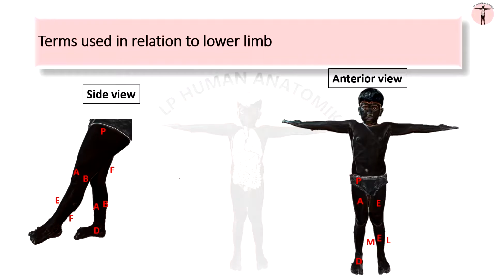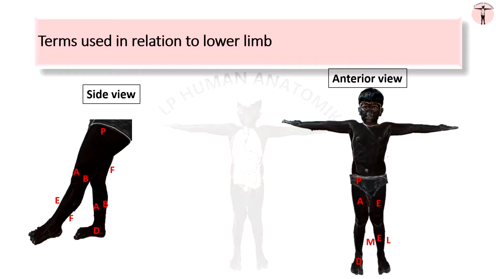Coming to the relations, okay, terminologies in relation to the lower limb. The anterior aspect of the lower limb is that part which is directed anteriorly.